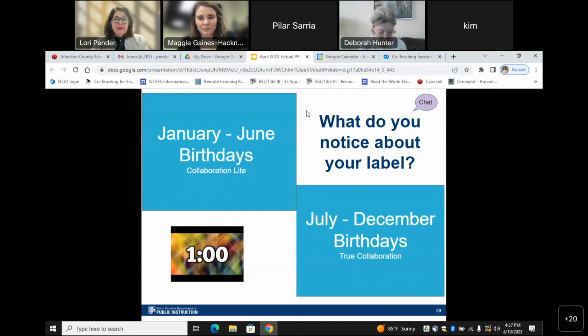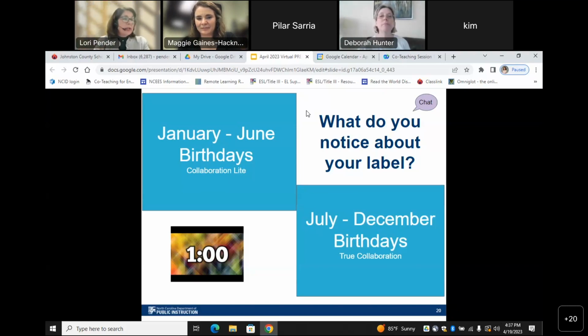You see the nutrition facts, usually the serving size, the calories, fat, cholesterol, sodium, protein, vitamins, ingredients at the very bottom in small print. So if you will think about this label, and then Maggie shared the handouts. We have this handout, hold on, there we go. It's like the disappearing paper, right? Okay. So we have the collaboration light and a true collaboration label.